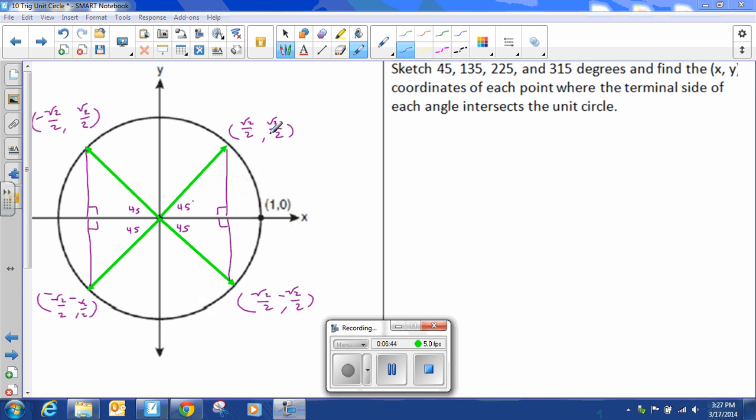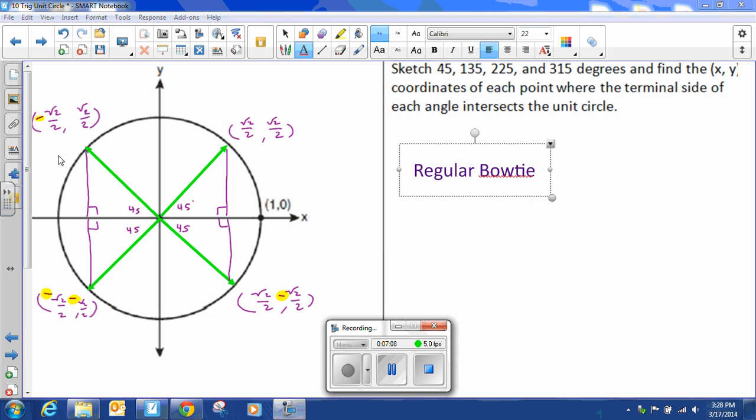Notice that it's the same ordered pair, the same coordinates over and over, except that you have to adjust for the signs according to the quadrant. So the x value is negative here. In quadrant 3, they're both negative, and in quadrant 4, only the y value is negative.